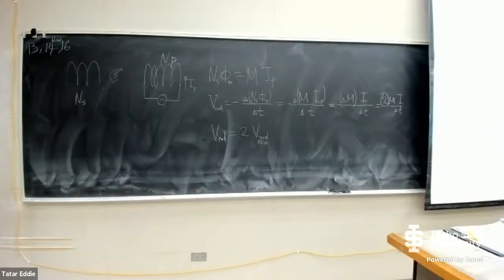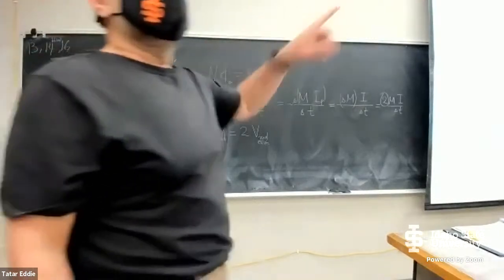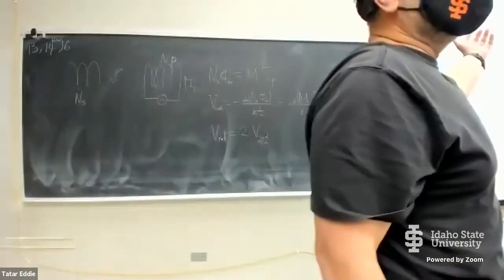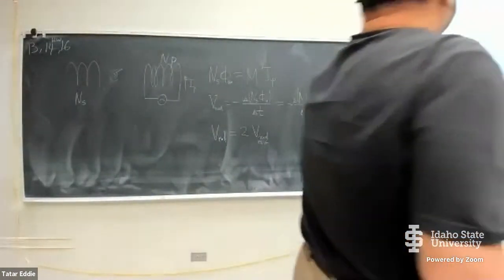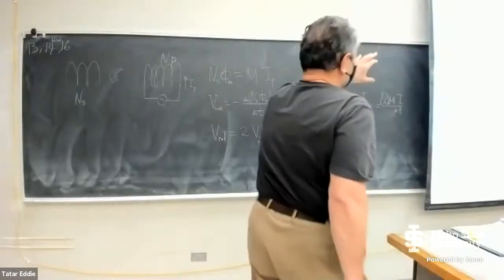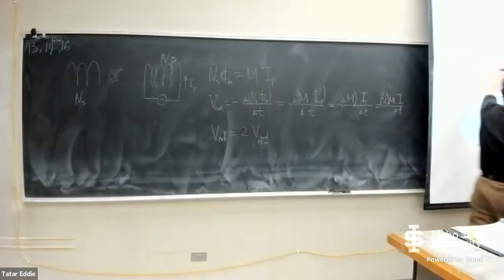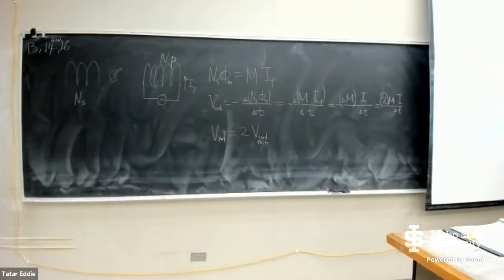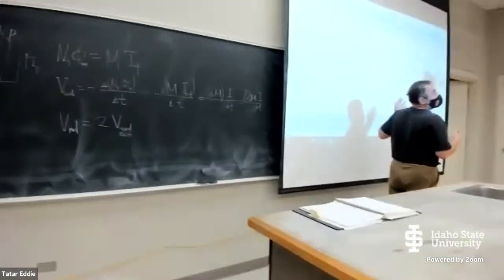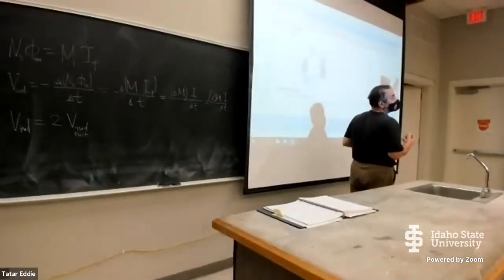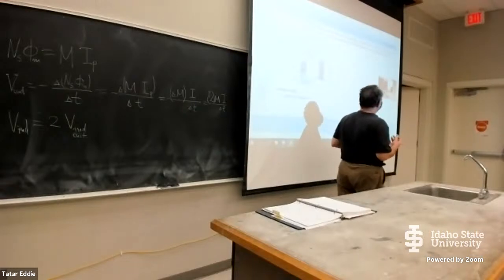If not, let's go to problem number 16, a transformer. And here is a good diagram showing what the transformer is. Right, so you have a primary coil, which is energized, and a secondary coil, which is not energized, but a voltage and current is induced in the secondary coil.